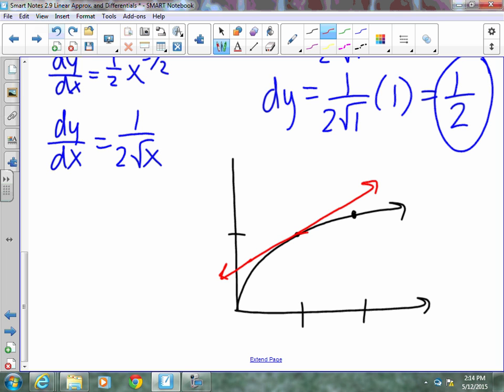So this is our y value at 1, and if we go up to where the y value is here, this is our exact change. So it's going to be change in y. That's exactly how it changed. Now, using this tangent line, which is what you use when you use a differential or a linear approximation, that is our dy. So there's the difference there. Change in y is the actual change, while dy is the estimation at that point using a tangent line.